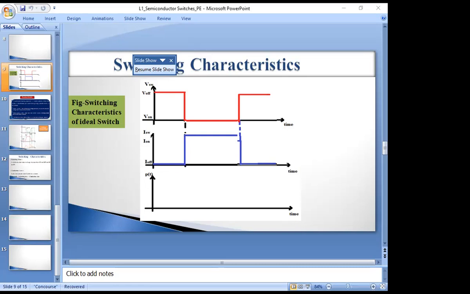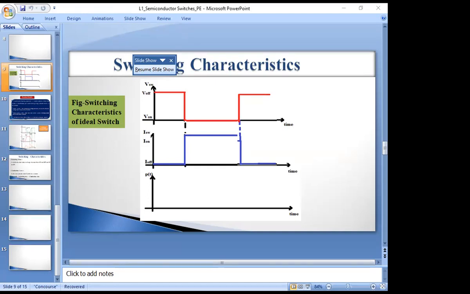This is the simple overall concept of power electronics. Clear? Again, I will explain tomorrow switching characteristics of the practical switches. Today we have seen the ideal switch, and tomorrow we will discuss the practical switches. Just a small difference is there. Clear? And then we will enter into the syllabus.